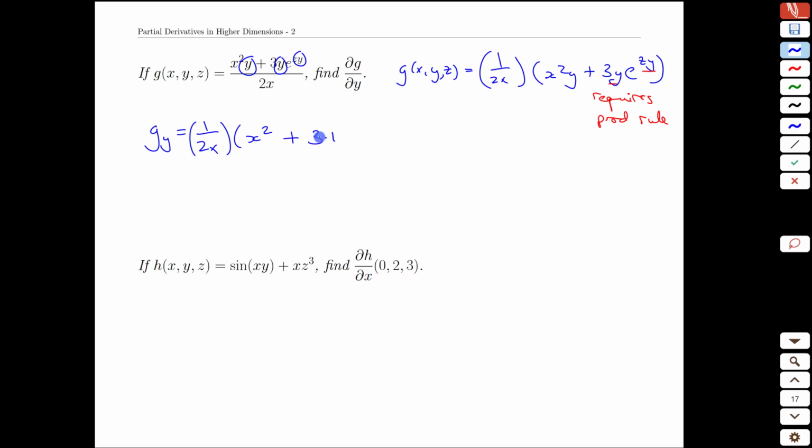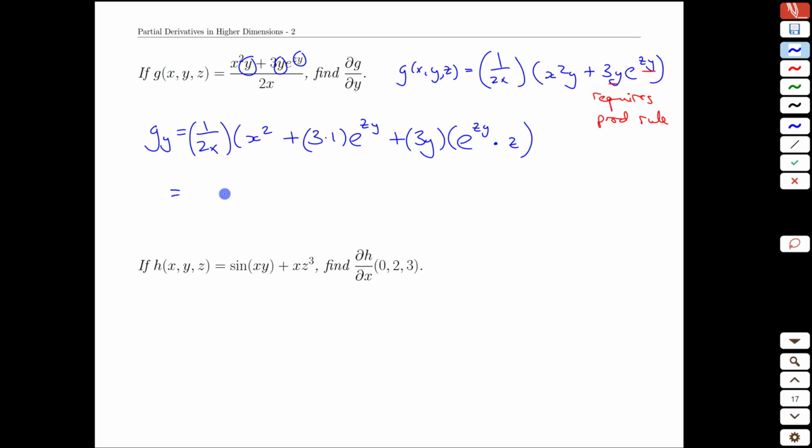We'll have 3 times 1 times e to the zy, no change, plus the first term, 3y, times the derivative of the second term. And the derivative of an exponential is the same exponential again, times, as we saw in the last example, the derivative of the exponent. The derivative of the exponent with respect to y this time gives us constant times y. The derivative is just a constant.